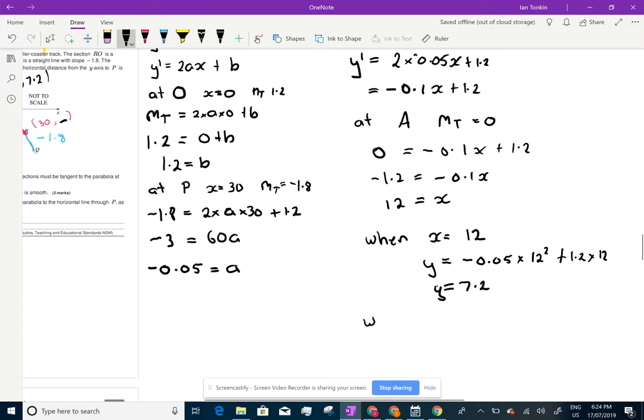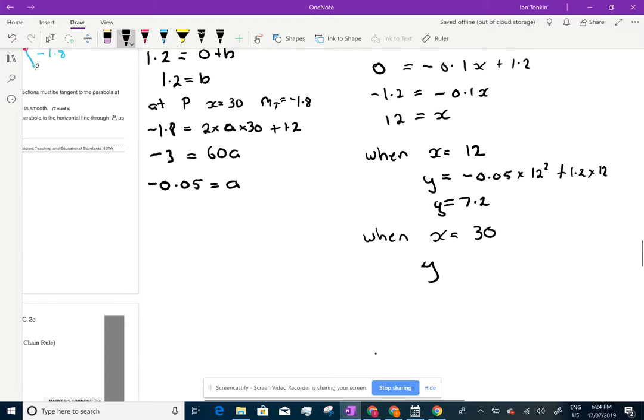Now, when x equals 30, y equals negative 0.05 times 30 squared plus 1.2 times 30. So I'll just go back and change my 12 to a 30. I get negative 9.